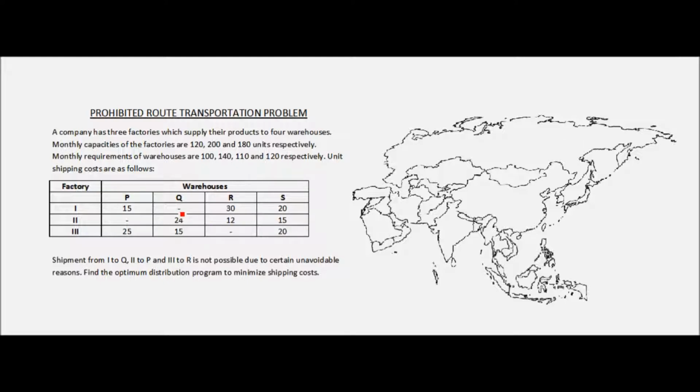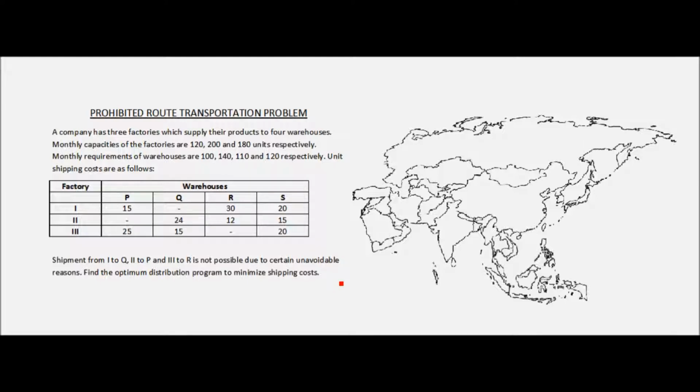Now this dash here means that we cannot transport material from factory 1 to warehouse Q because this route is prohibited. So shipment from 1 to Q, 2 to P, so this one here, and 3 to R, so this one here, is not possible due to certain unavoidable reasons.